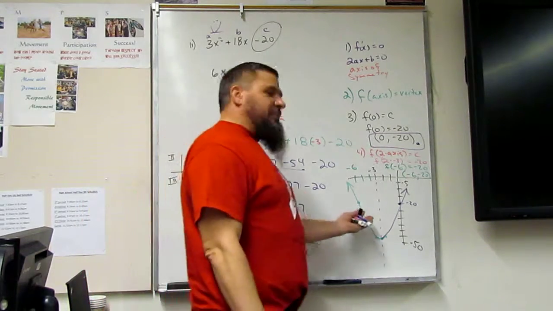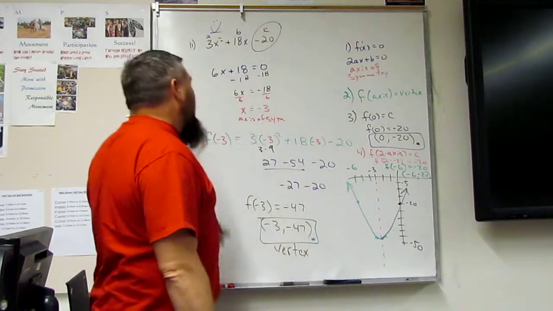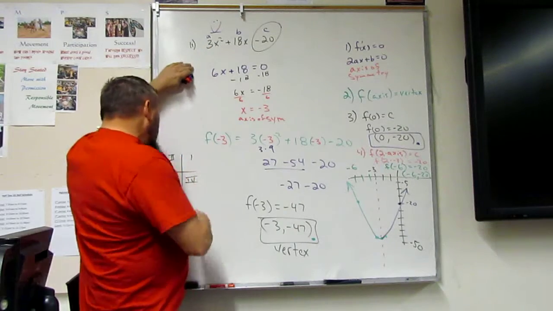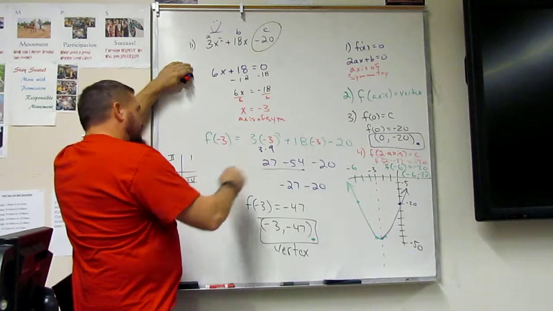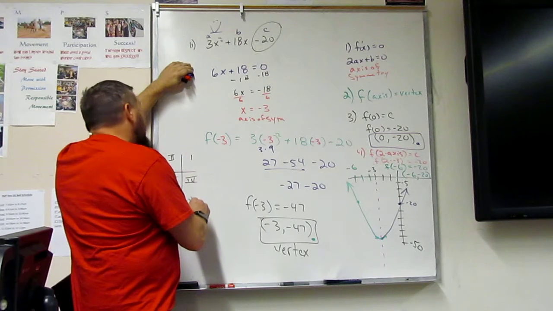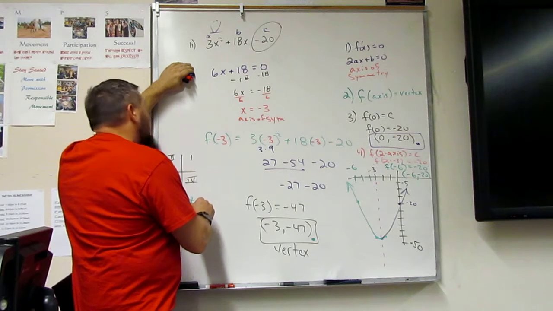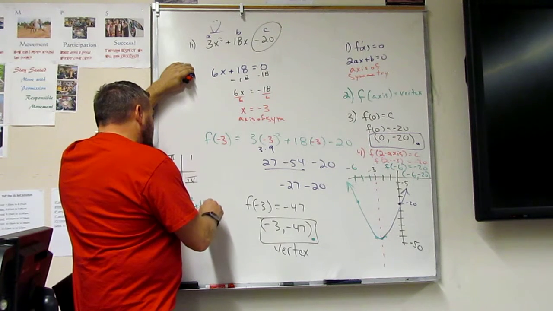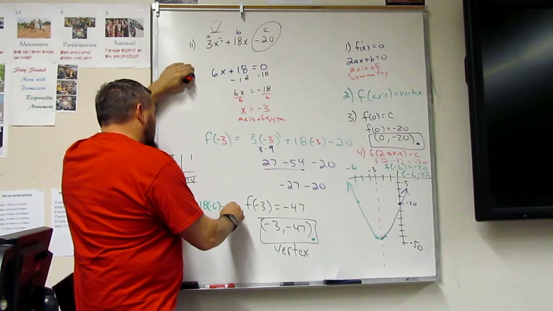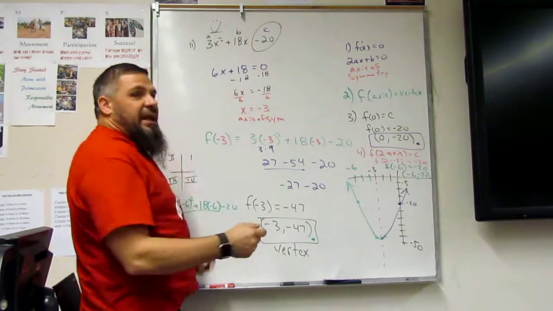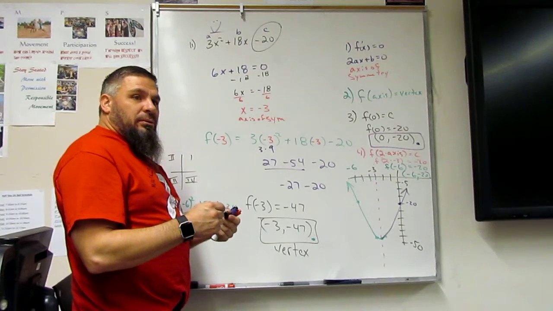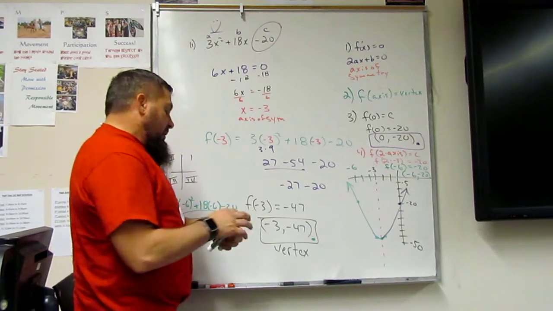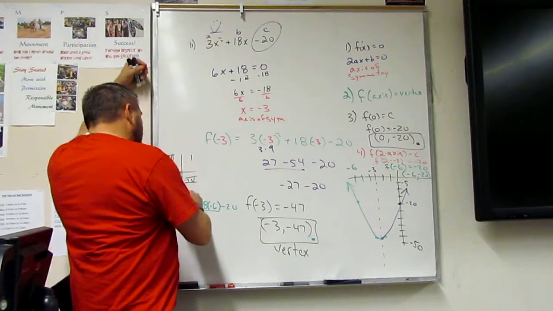Okay. Now, I should check it just to make sure. I mean, that looks beautiful, but I need to check it. So I go, okay, 3 times negative 6 squared plus 18 times negative 6 minus 20. Now these should cancel. They better cancel. So what is 6 times 6? That's 36.